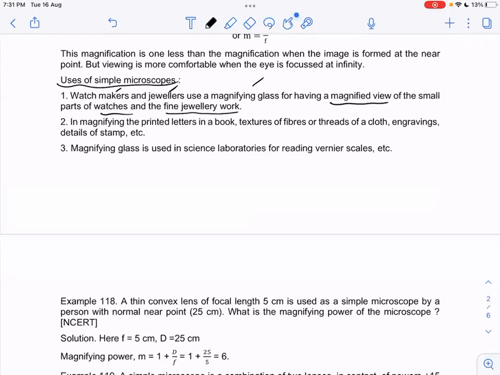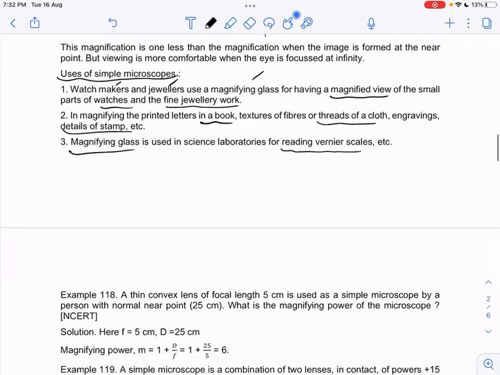In magnifying the printed letters in a book, textures of fibers or threads of cloth, engravings. So if you want to magnify anything on a printed book or something, then you use a magnifying glass. Similarly, magnifying glass is also used in science laboratories for reading vernier scales. So if you want to see any reading more precisely, then you can use this simple microscope.